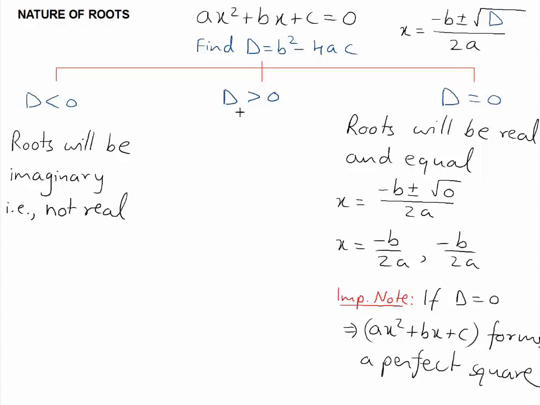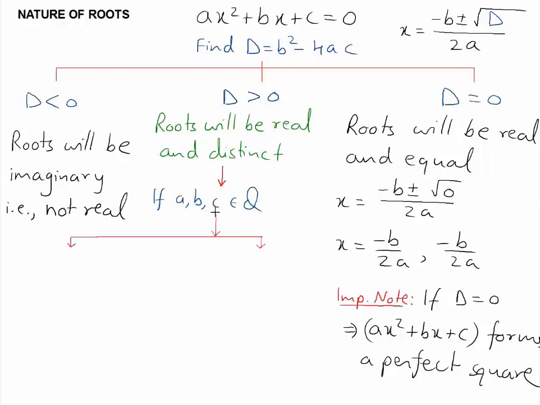Now the third is, if the discriminant is greater than 0, then the roots will be real and distinct. In the previous category, the roots are equal. In this, roots are not equal, that is, distinct.